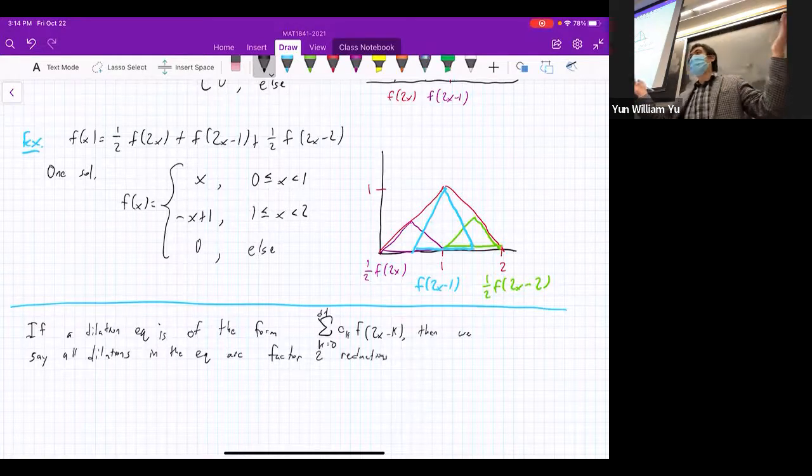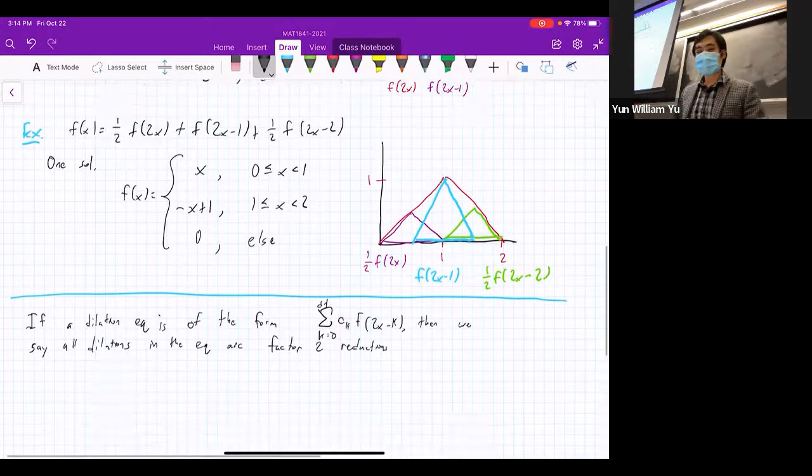Okay, so everything is shrunk by a factor of 2 each time. You can have more complicated dilation equations, but of course, this is the simplest non-trivial one.